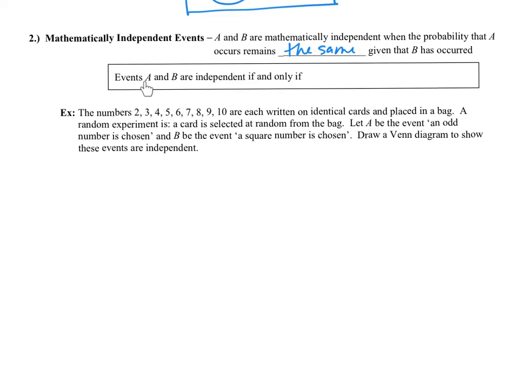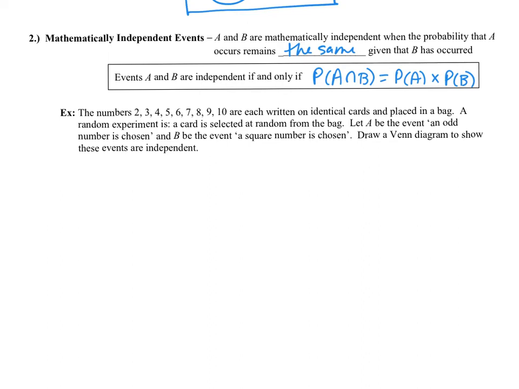So let's write the theory. Events A and B are independent if and only if the probability of A and B happening at the same time is equal to the probability of A times the probability of B, okay? So let's look at an example.